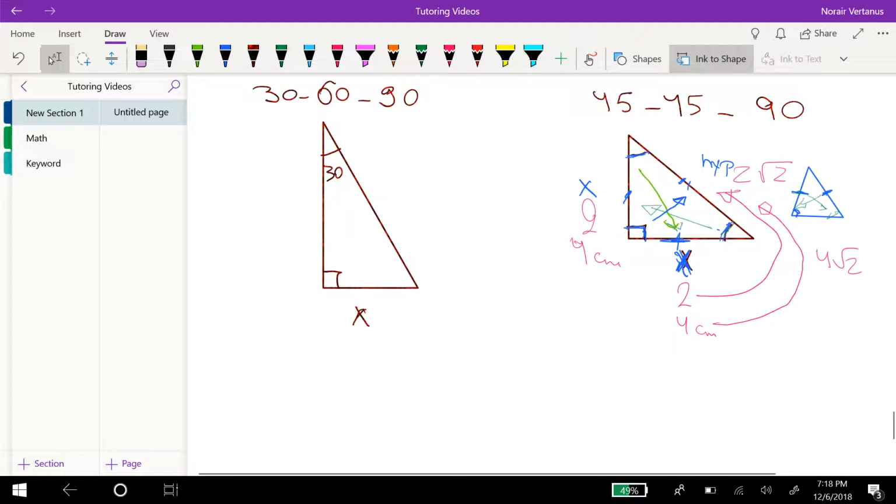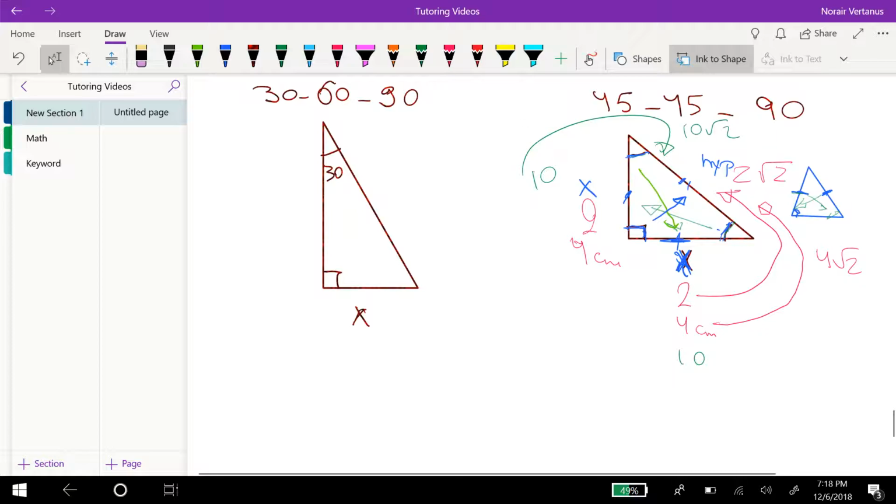If the leg is 10, the other is 10, and the hypotenuse is 10 rad 2.